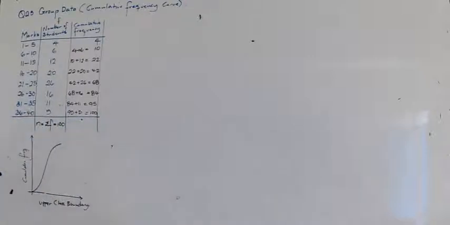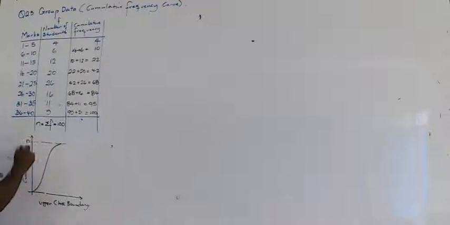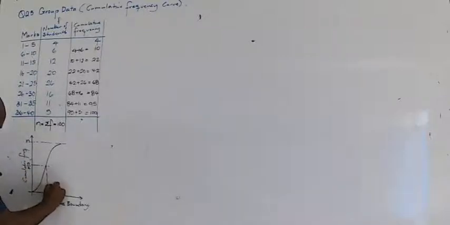Up here at the very top is n, which is the number of values. In the middle, it's n over 2, which is half. If you go across at n over 2 to the curve and come down, the value there is Q2, and Q2 is the median.